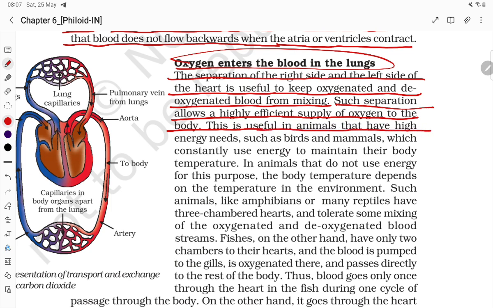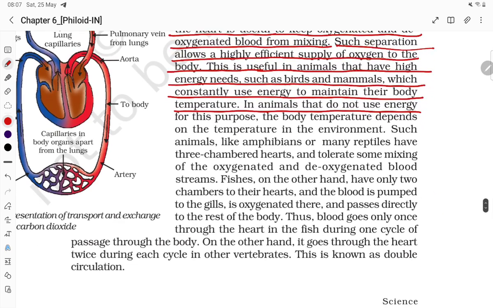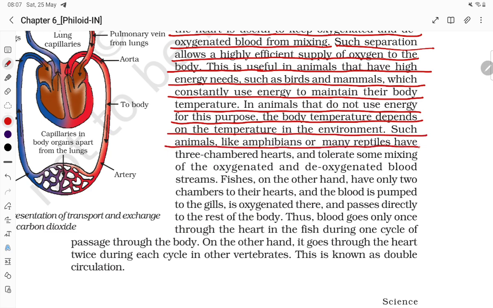This is useful in animals that have high energy needs, such as birds and mammals, which constantly use energy to maintain their body temperature. In animals that do not use energy for this purpose, the body temperature depends on the temperature in the environment, such as amphibians or many reptiles, which have a 3-chambered heart and tolerate some mixing of the oxygenated and deoxygenated blood streams.